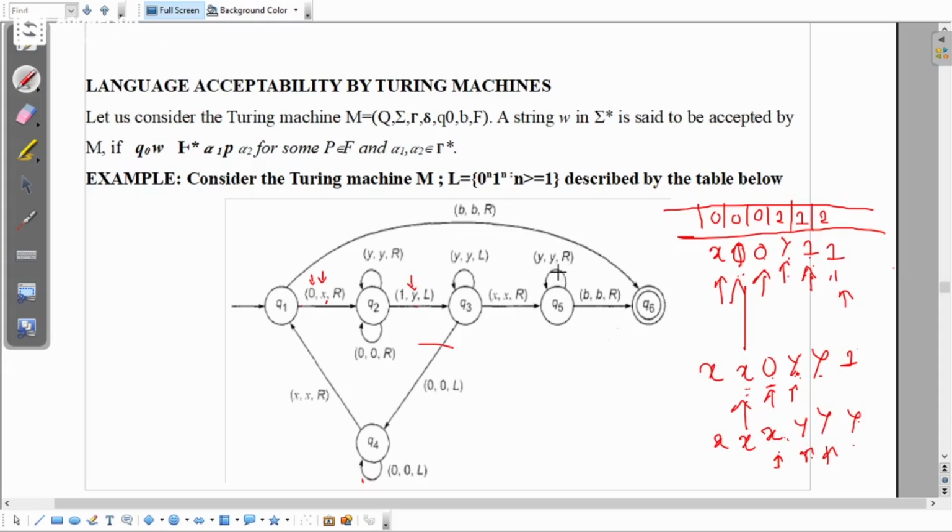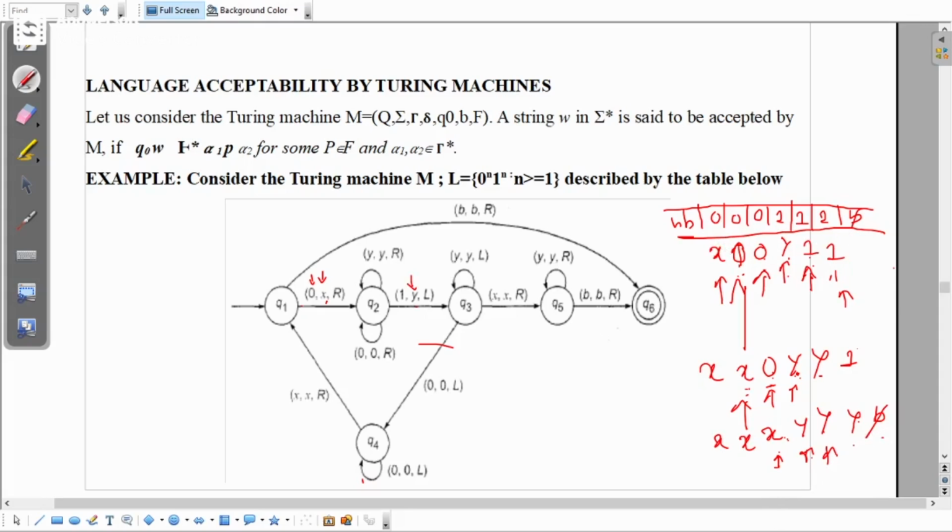So that's why there is a loop at Q5. After doing y by r many times, you will reach a blank, because you know that in the tape, other than the input, you will have blanks on both sides.